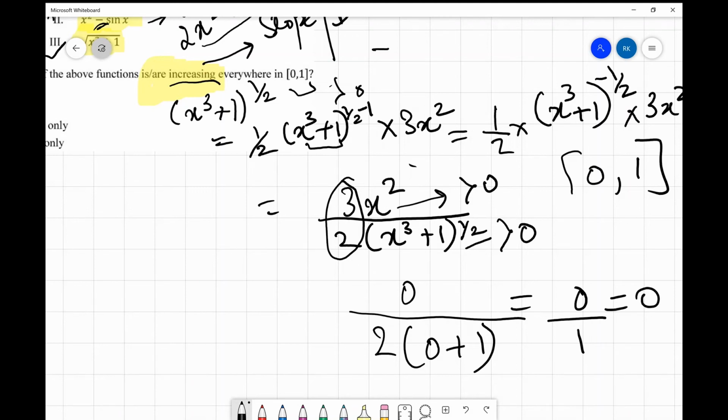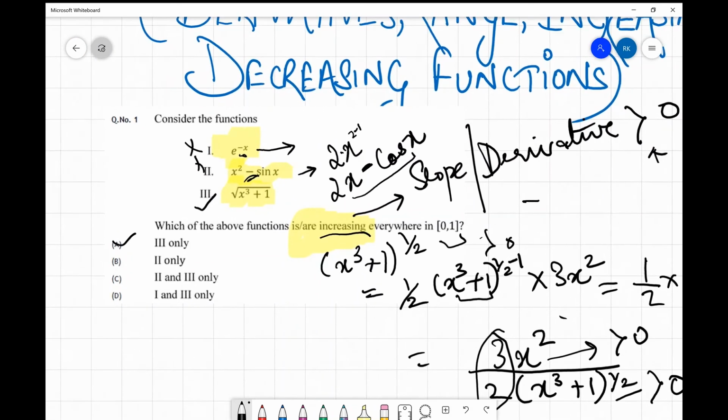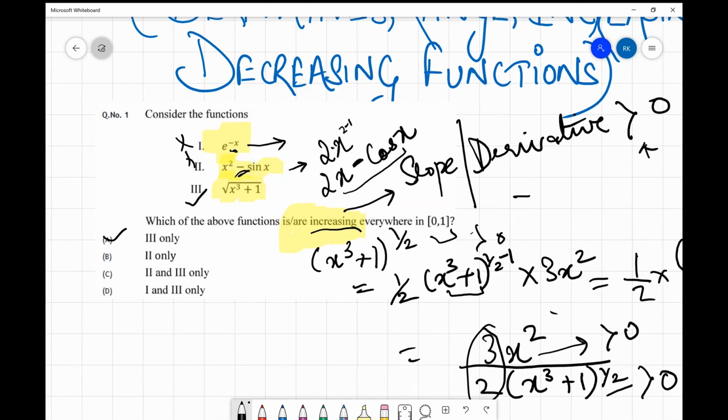So at most you can say this is more than or equal to 0, but it won't ever be negative. So our final answer for this question is the third part.